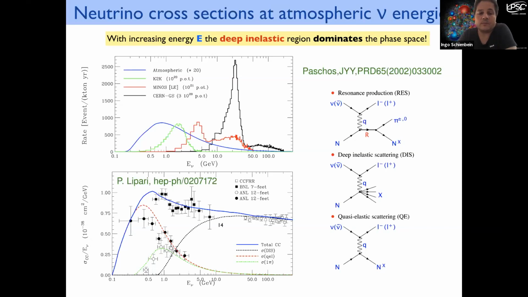They are all relevant, and so you need to understand these cross sections quite well in the next generation of neutrino oscillation experiments to really extract parameters like CP violation in the mixing matrix and so on. You need to know all these cross sections well, in particular also the deep inelastic one, and how these different things match together. Now, how to define what is resonance and what is deep inelastic, and how to match these things together.